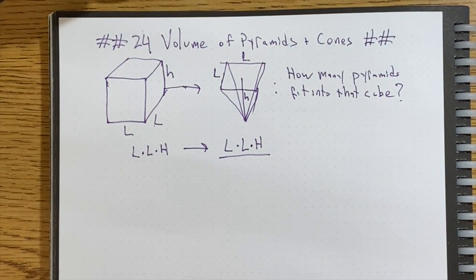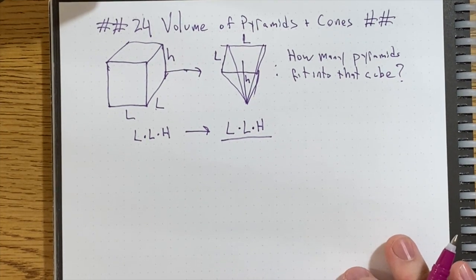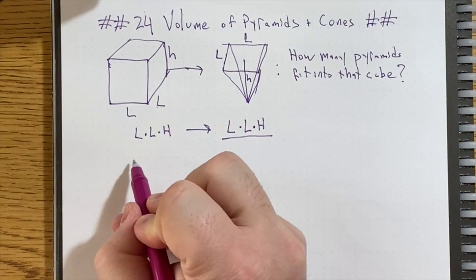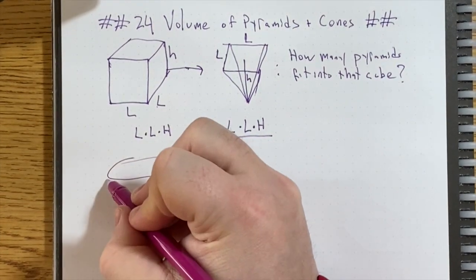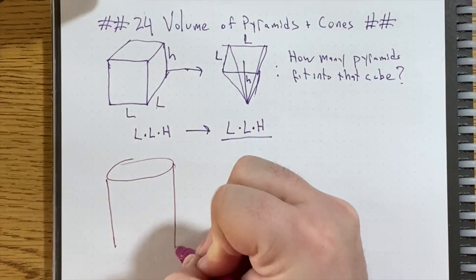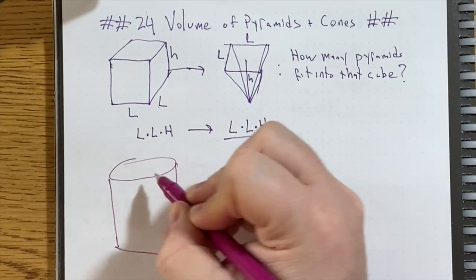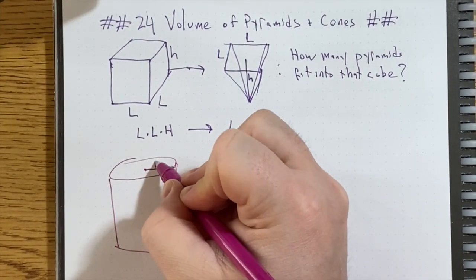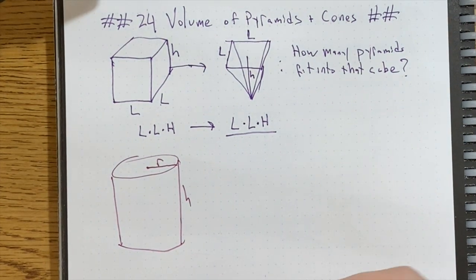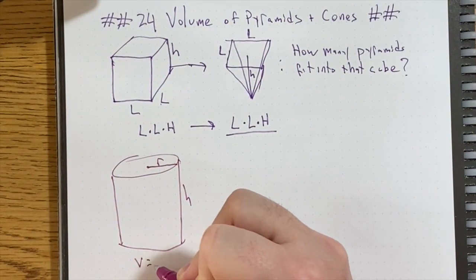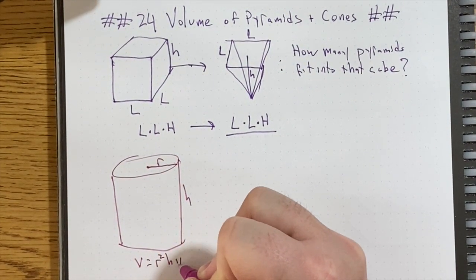Also, we can think of the same thing with cylinders. So let's just do this part of the notes before we move on. We know if we have a cylinder, with height H and radius R, the volume is R squared H pi.